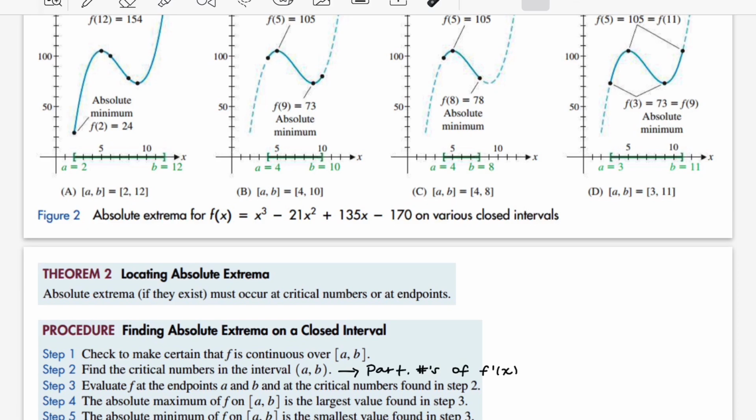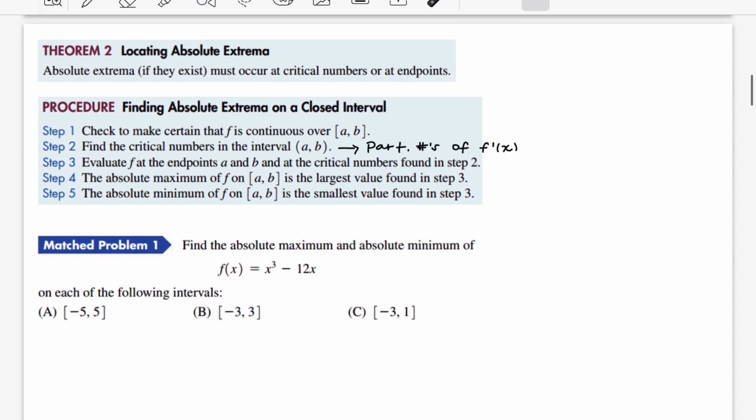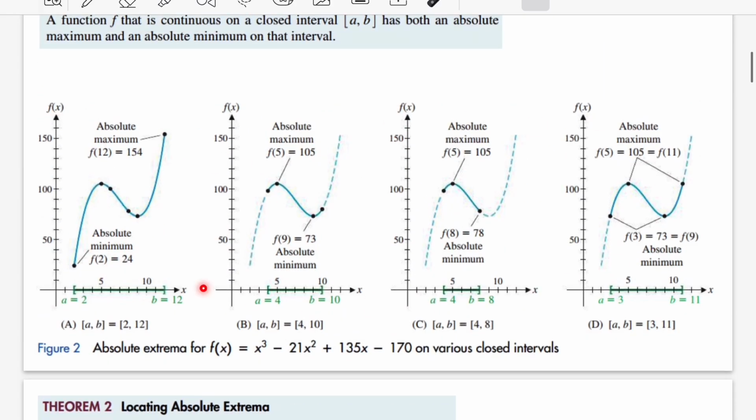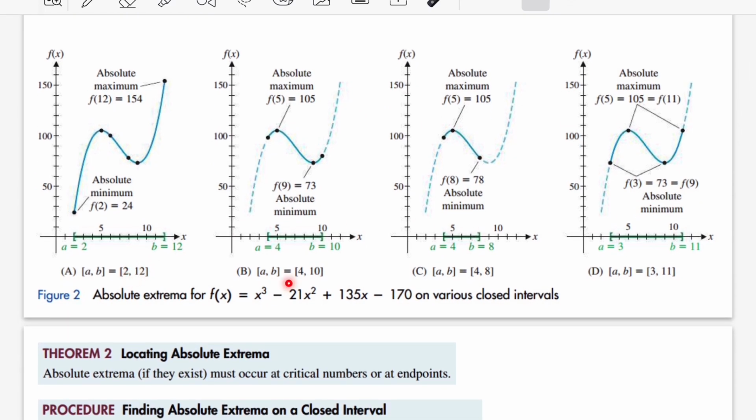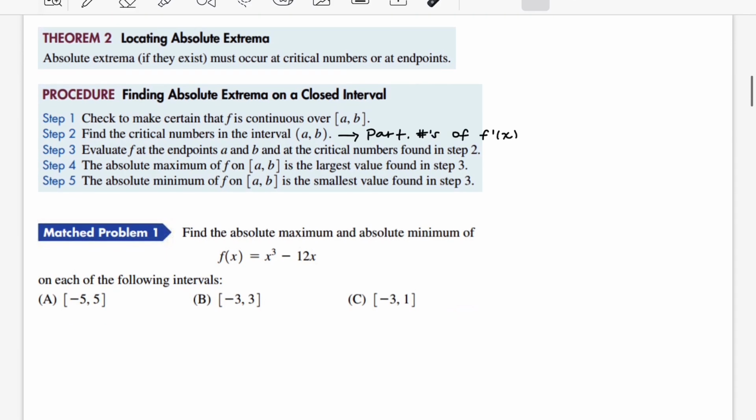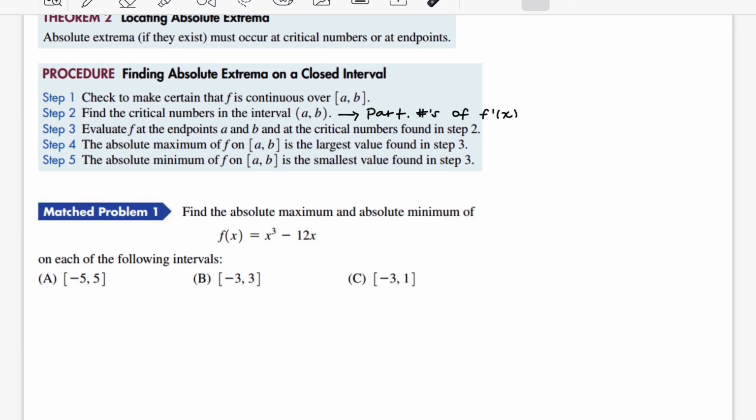So let's look at this example here. We want to find the absolute maximum and minimum of this function on these different intervals. Like we saw in these examples, the absolute maximum and minimum values will most likely change when we're looking at different intervals. Okay. So first, we want to make sure that our function is continuous over our closed intervals.